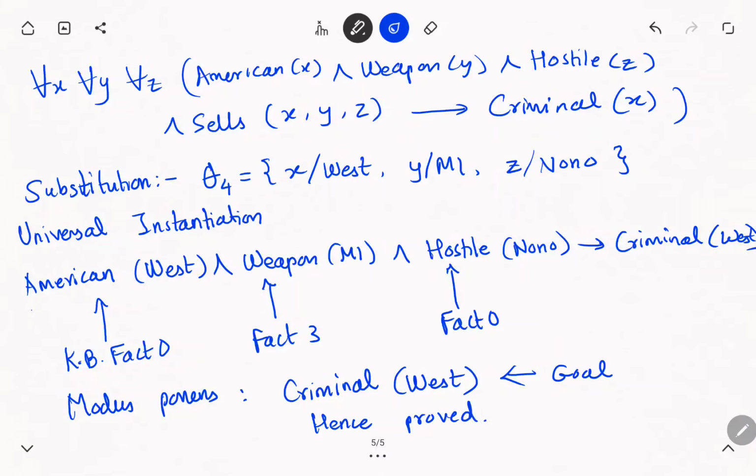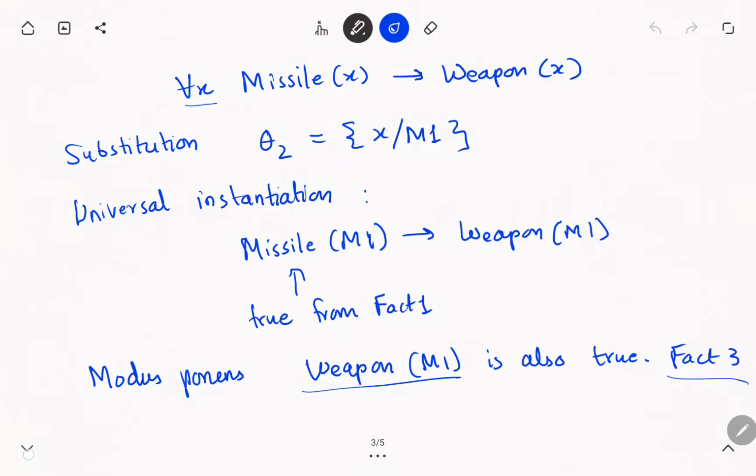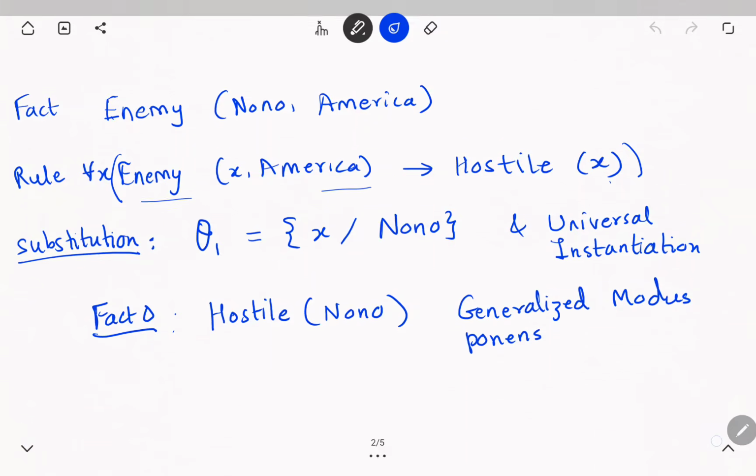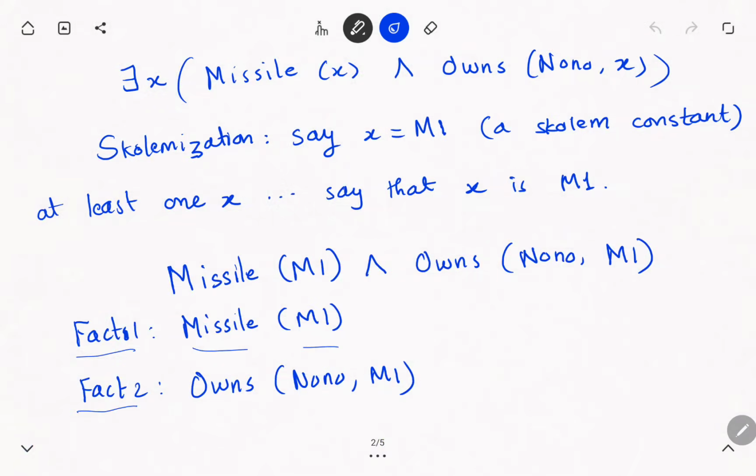Now is it necessary that you always start with the same path? It's not necessary. Instead of starting with enemy no, America implies hostile no, I could have started with the existential.